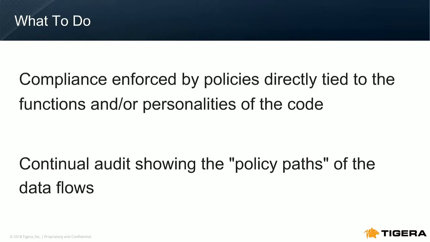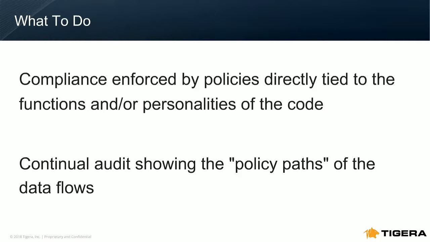So having compliance tied to something that doesn't actually relate to what the thing is and what it does is going to be a problem in this kind of dynamic environment. So we need to figure out how to tie our compliance enforcement not necessarily to the endpoint itself, but to its behaviors, its personalities, or its functions. And we'll talk a little bit about that.